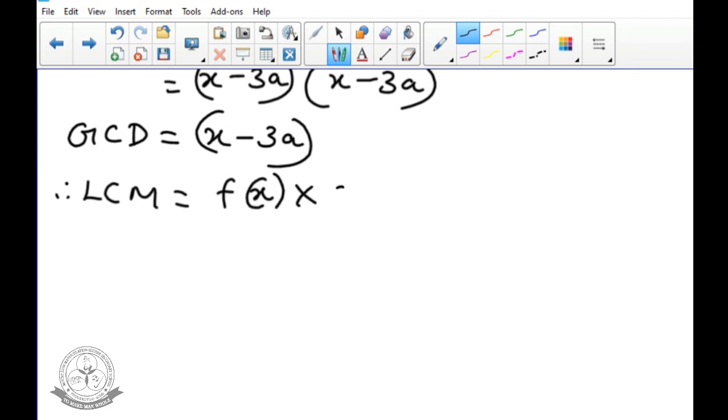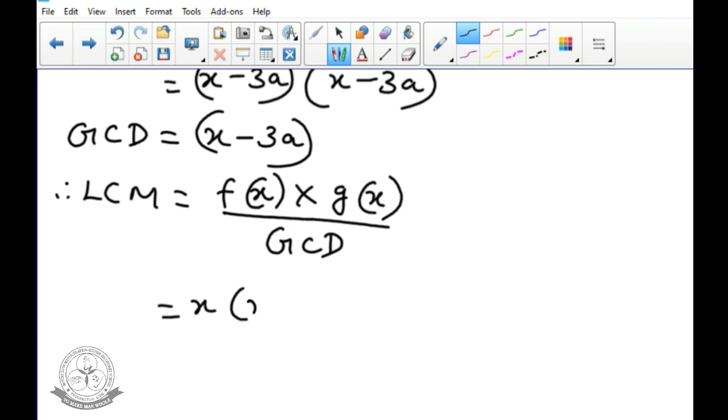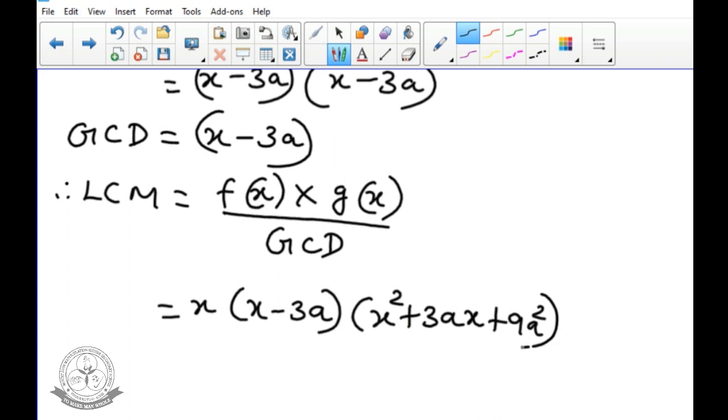f of x into g of x by GCD. Here you have to substitute the value. F of x is x into x minus 3a into x square plus 3ax plus 9a square. This is f of x.